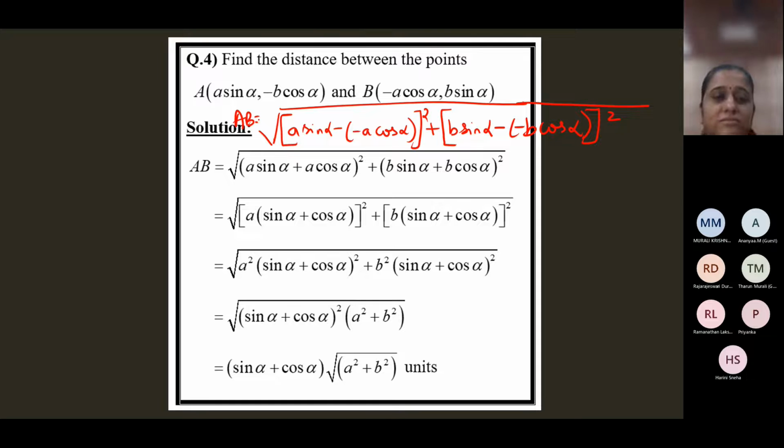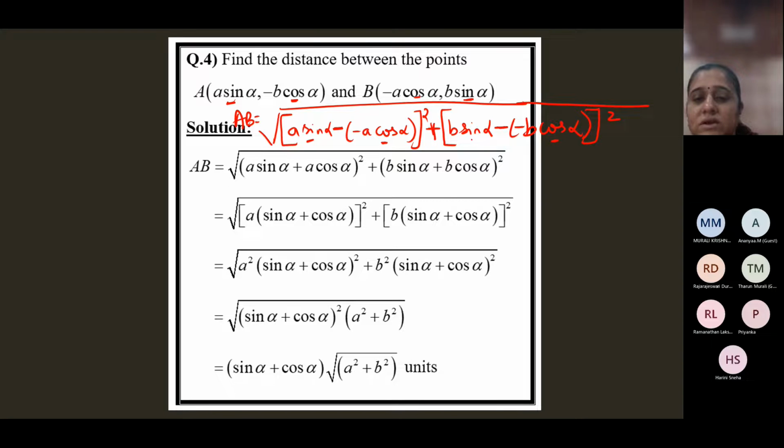AB is equal to, please watch this. Difference between the x coordinates. I've written the two x coordinates and there's a minus sign in the middle. Difference between the x coordinates, the whole square, plus difference between the y coordinates, the whole square. I've written a sine alpha and then minus a cos alpha, whole square, plus in the second part, b sine alpha first, and then minus b cos alpha.